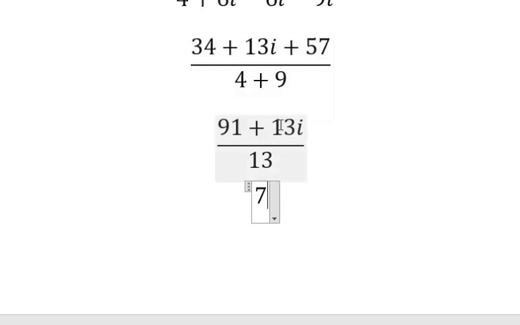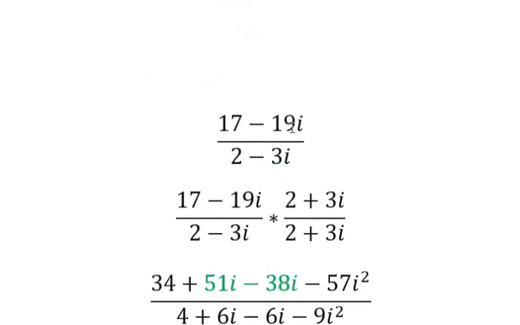And 13i divided by 13 is just dividing the numbers. 13 divided by 13 is 1, and the letter we copy. Remember that we cannot put 1 with letters. That 1 will be invisible, so we're just going to put i. It will be 7 plus i, and that will be the answer of this exercise.